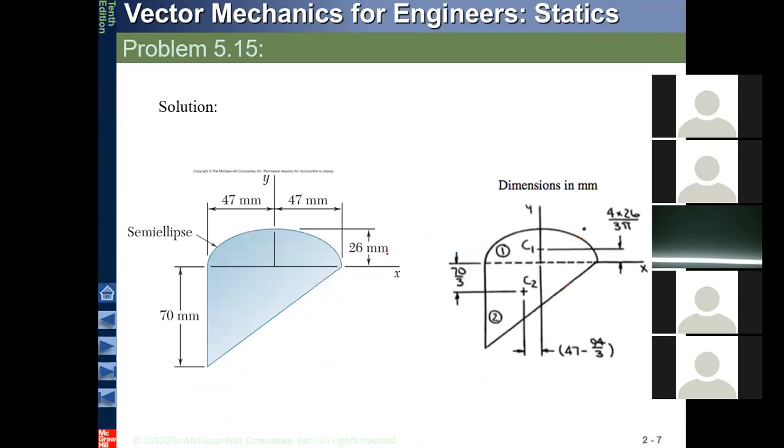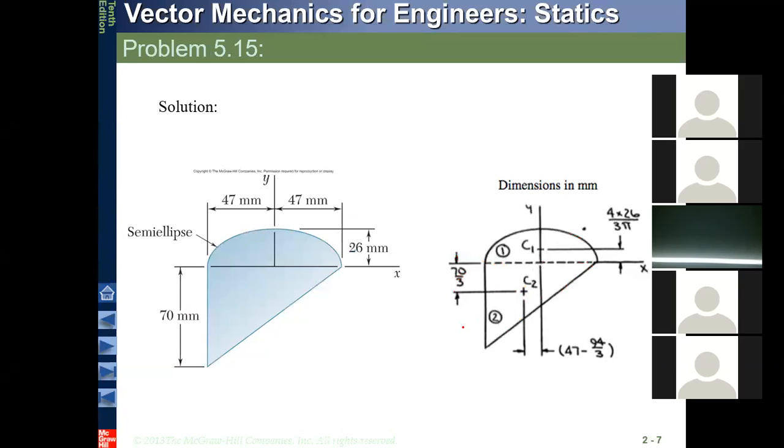Here you have 26 millimeter for b, so it would be 4 times 26 over 3 pi. And for the triangle, you have 70 millimeter in the y direction, so the centroid would be 70 over 3 from the x direction.